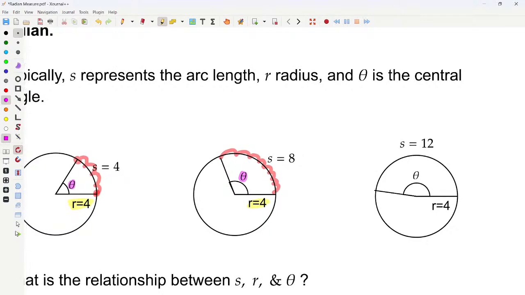And this is the vibe. Radius of 4, if I went 4, 8, 12, if I did 3 groups of the radius, that's 3 radians. Oh, that's what we call it, 3 radians.